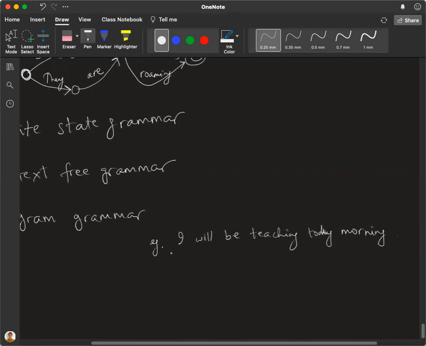What does it mean? It will extract all the triplets from the sentence. I will be is one triplet. Will be teaching is another triplet. Be teaching today is another triplet. Teaching today morning is another triplet. All these triplets can be taken and saved, and I will say only these triplets are allowed. So I am constraining to only triplets.